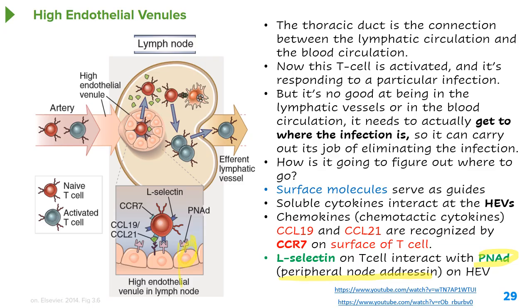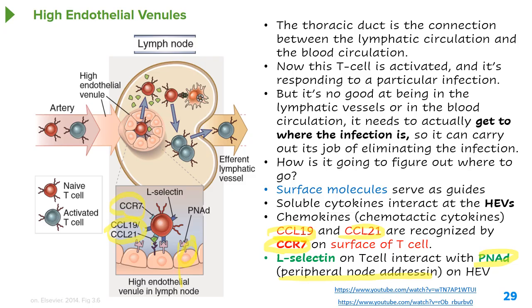The high endothelial venule is going to secrete certain cytokines that are CCL19 and CCL21. They usually go together. Those are going to interact with receptors on your T cell. What kind of receptors? Those are receptors for CCL19. You call them CCR7 receptors. Okay?